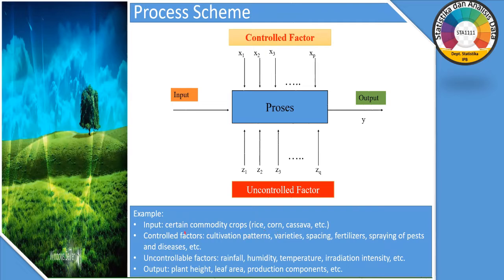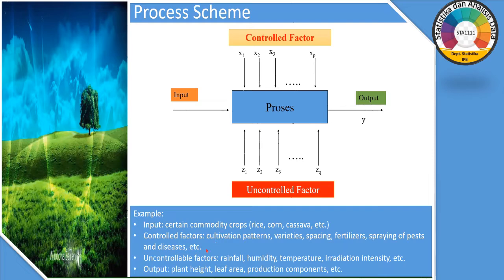So the control factors, if you conduct an experiment with this experimental object, can be fertilizer, right? It can be the spacing between plants. It can be spraying frequency. It can be varieties of the crops, right? It can be the cultivation patterns. And it can be anything, right? So these are the control factors.